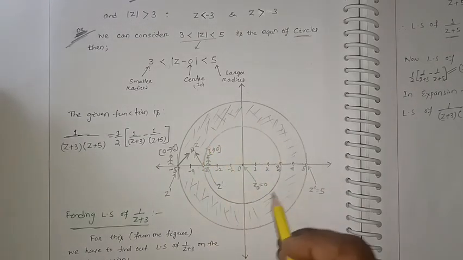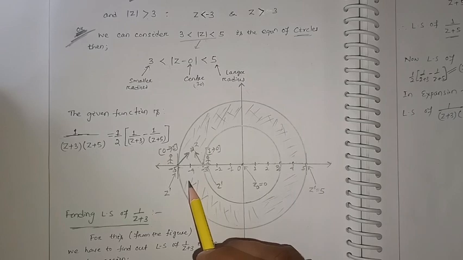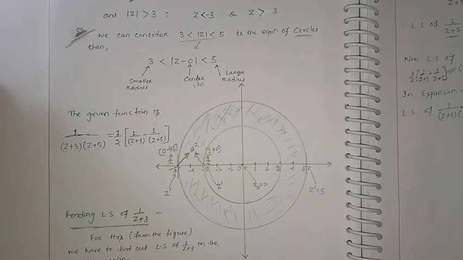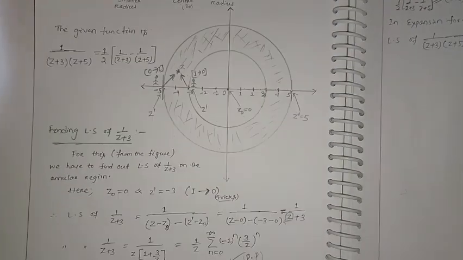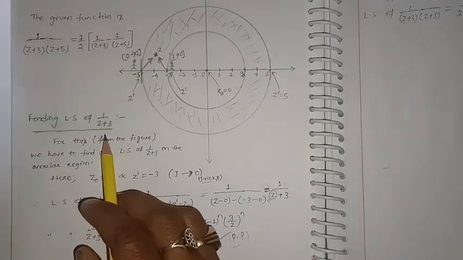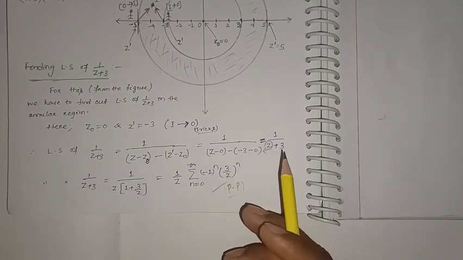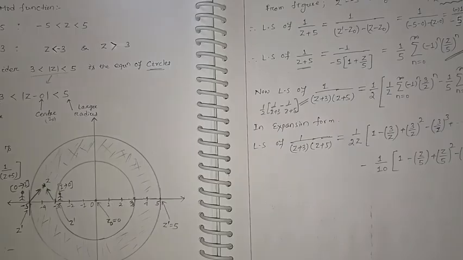So this is the annular region where we have to find the Laurent series of 1 by z plus 3 and 1 by z plus 5. Then we determined the Laurent series of 1 by z plus 3. We found this one. Only the principal part, there is no analytic part for this one.